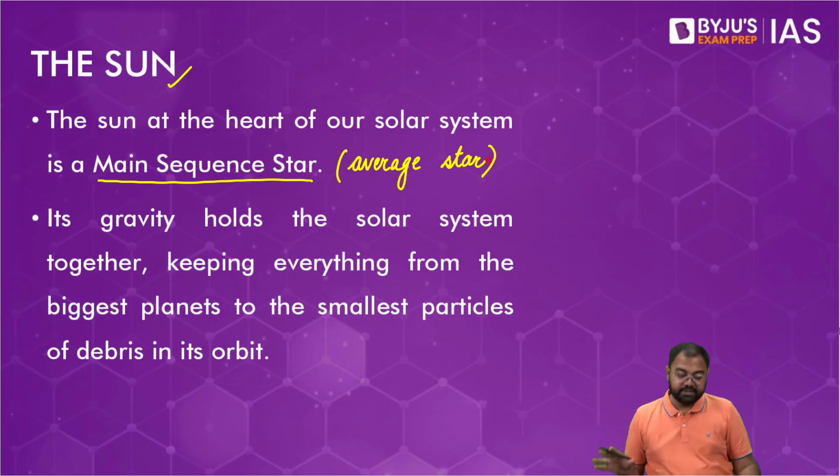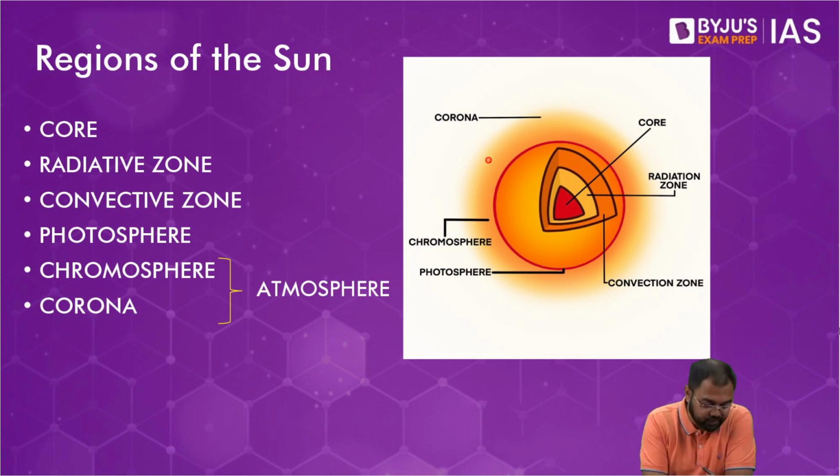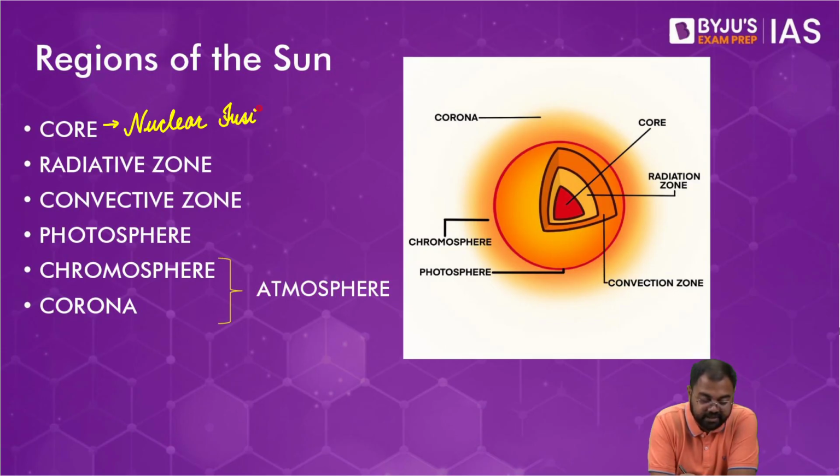Now, in this particular scenario, when it comes to the sun, the structure of the sun, first of all, how exactly do we look at the sun? First and foremost, you have the core, where the nuclear fusion reactions occur. So nuclear fusion reactions take place here. So obviously the temperature at the core of the sun is pretty high, right?